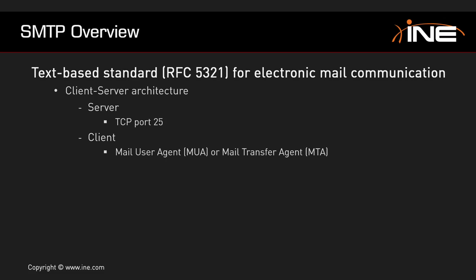The client portion is sometimes referred to as Mail User Agent, MUA, or Mail Transfer Agent, MTA, where the difference here is that MUA is talking about your regular email software application, like for example Microsoft Outlook, or maybe some sort of a web-based client.